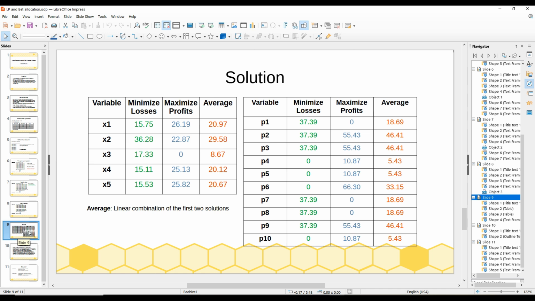Okay. Now, in this column, the green values are the amount of the wagers for the minimization of losses problem. In this column, the blue values are for the maximization of the sum of profits, and this is the average. Now we can have an average. In fact, any linear combination of the solutions of the 2 columns is also a solution to the problem, because the equations are the same.